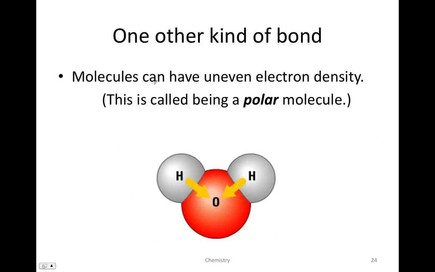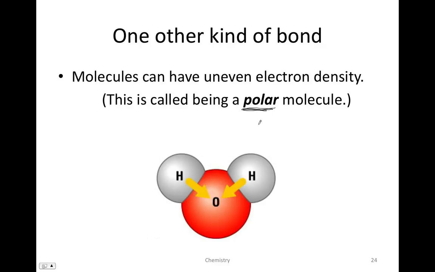Molecules can participate in another kind of bond because molecules can have what's called uneven electron density, or be polar. That means that you can tell one end from another. If the Earth were a perfect sphere with no features on it, it wouldn't have a pole. But because it's a rotating sphere and it has features, we can represent its poles, its ends. There's an end that you can differentiate from the rest.